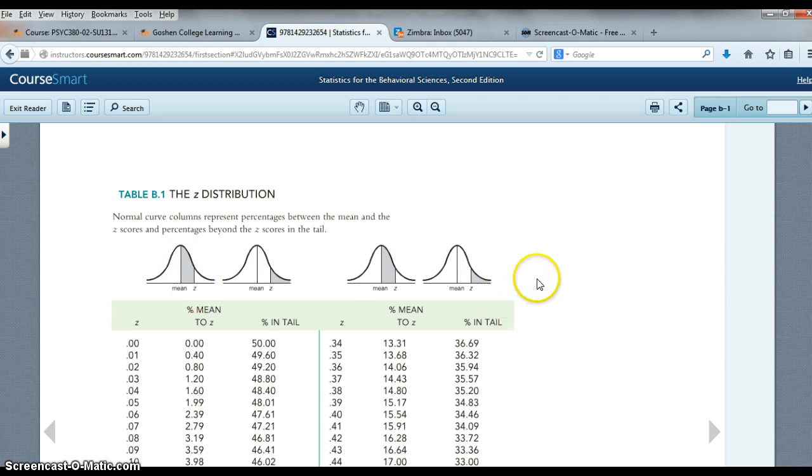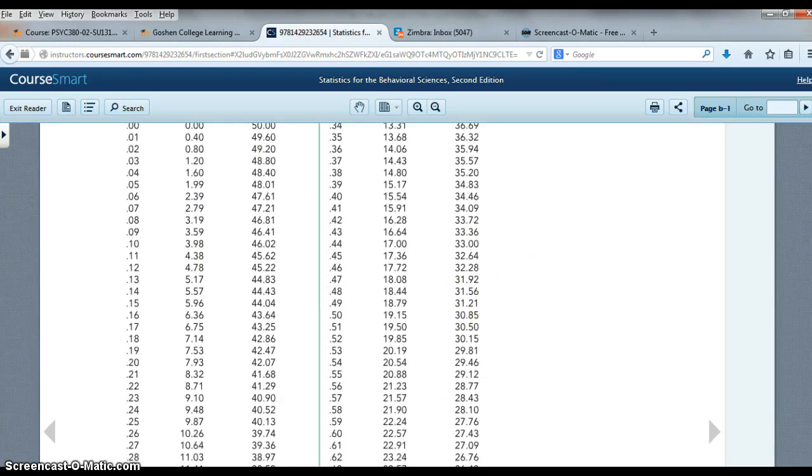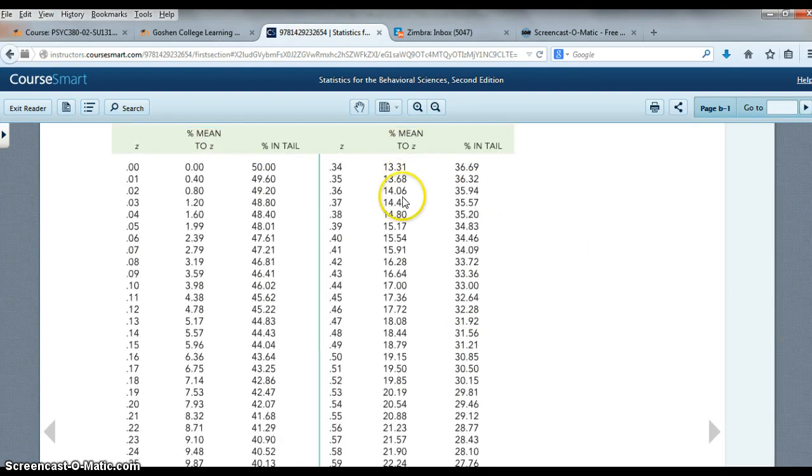So percent mean to z needs to be 20%. So I'm going to look down that column here. And if we come down here, we see that we get 20.19 at 0.53, and we get 19.85 at 0.52. So I'm going to go with 0.52 because that's the closer of the two values to 20%. So we know that if you fall above the mean a little over a half standard deviation, then you're going to be at the 70th percentile.